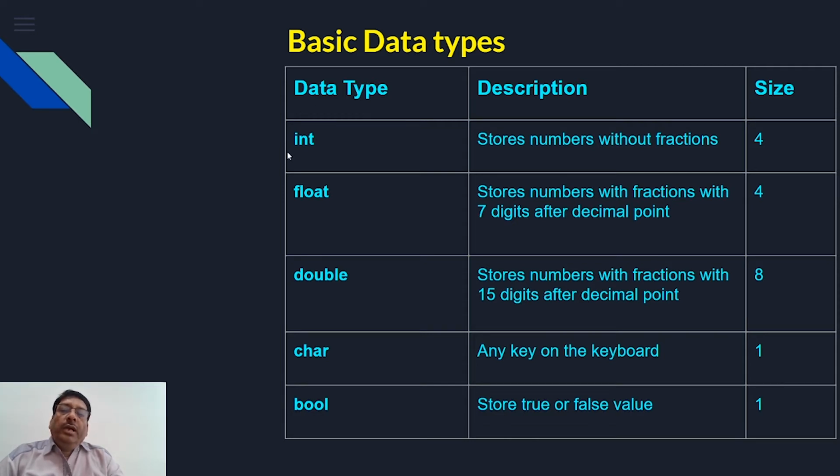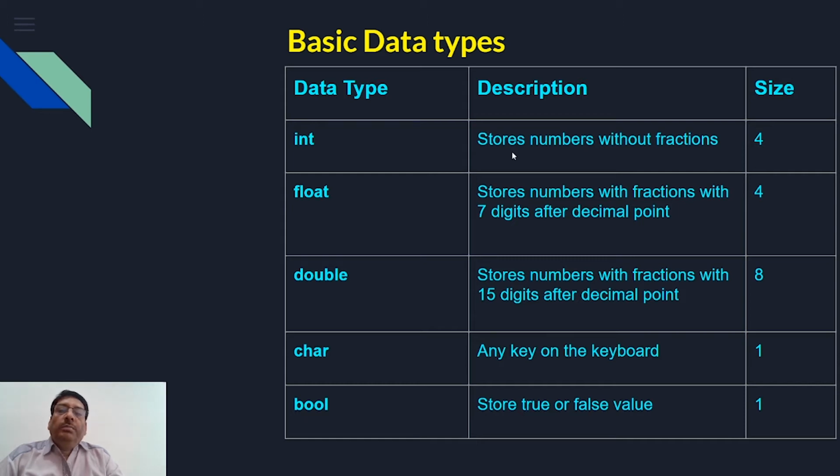Your data can be given to the program, and your compiler can understand data which is of type integer, float, double, character, and boolean. When you talk about the integer data type, it means you can provide numbers without any fraction. Numbers like 100, 200, 500, 5, 10, 6, 7, and so on are treated as integer values.